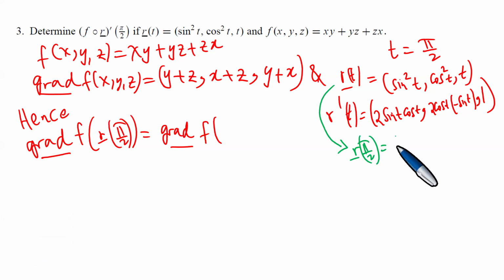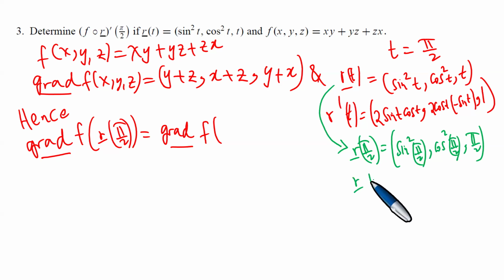The r at pi over 2 is going to be exactly sine squared, and so on, with pi over 2. Now the sine is 1, the cosine is 0, and then you have pi over 2. Now we have f of this. But what is the r of pi over 2?